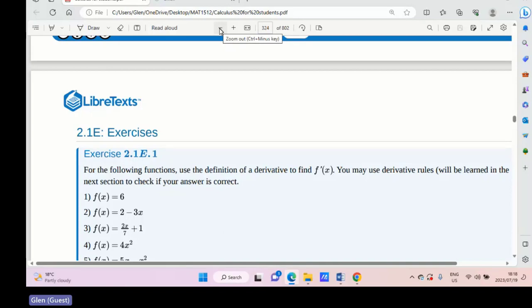You may use derivative rules, which will be learned in the next section, to check if your answer is correct. But for now, use the definition of a derivative to find the derivative.